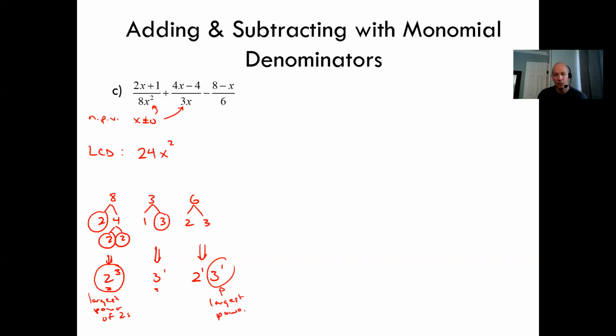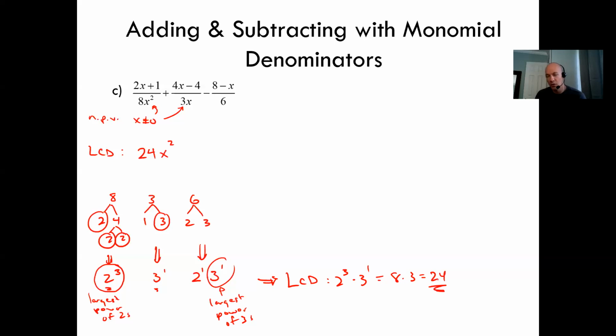The way you get the LCD from this is you say the LCD contains 2 cubed times 3 to the power of 1. If you've got 2 cubed, you've already got enough 2's to cover this one, and if you've got 3 to the power of 1, you've already got enough 3's to cover this one. So 2 cubed times 3 to the power of 1 is 8 times 3, which is 24.